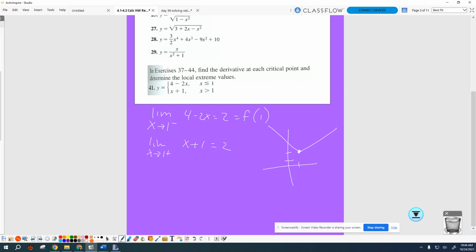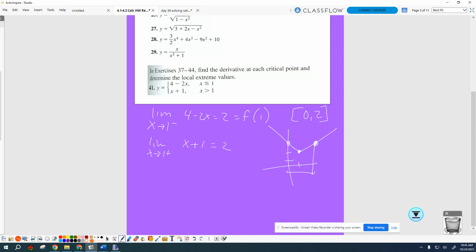For this graph, if we're asked to find the minimums and maximums, but in an interval, like 0 to 2, would there be an absolute max? So if we change this and say I'm only interested in 0 to 2, yes, there would be an absolute max.